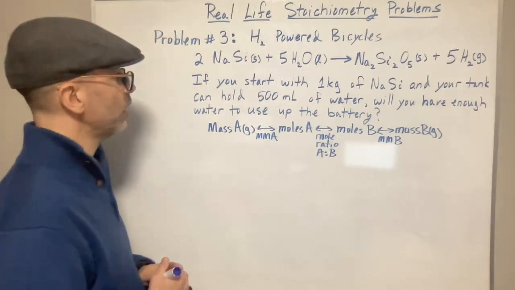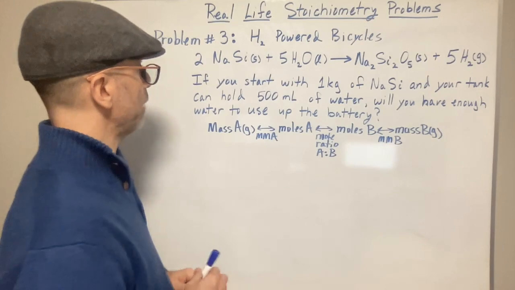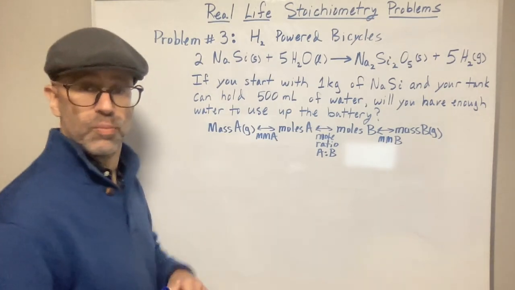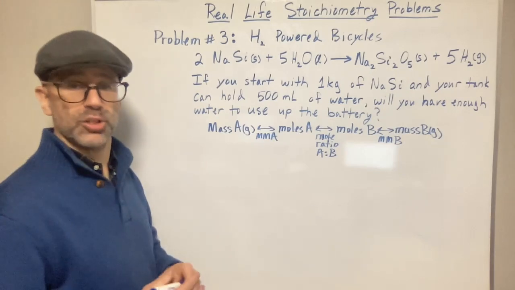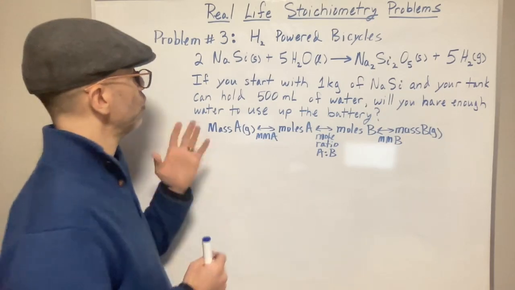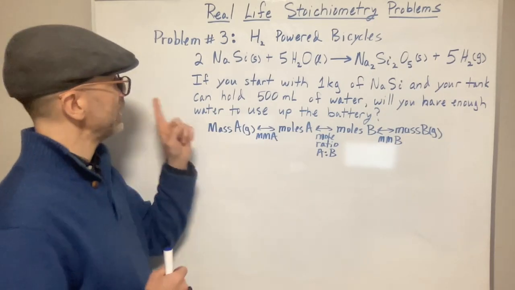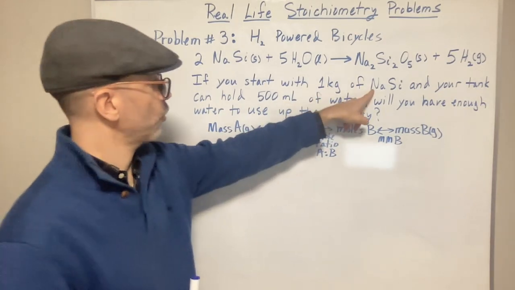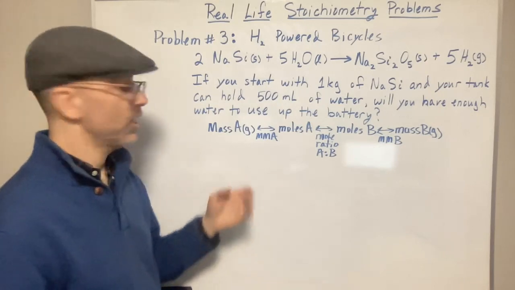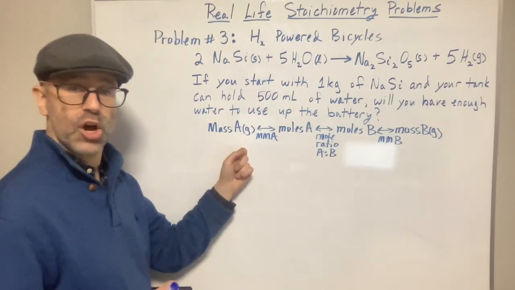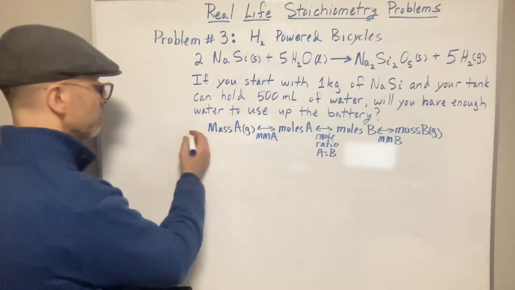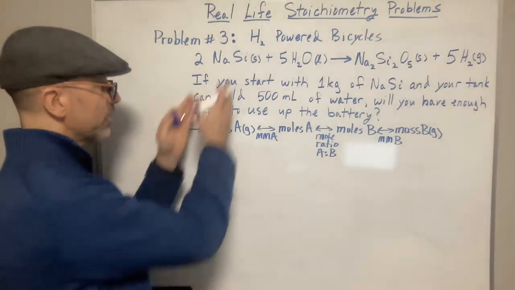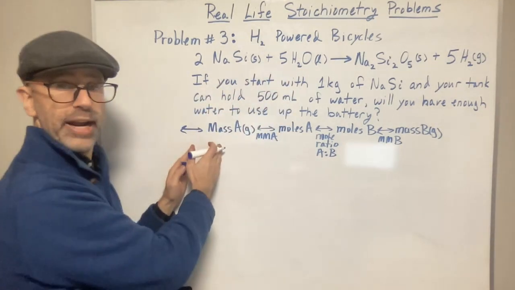The first thing you want to do is pull out the information that they're giving us. We want to know what we're going to be doing. They're giving us kilograms of the sodium silicide, so we're going to need to convert that mass in kilograms to grams.